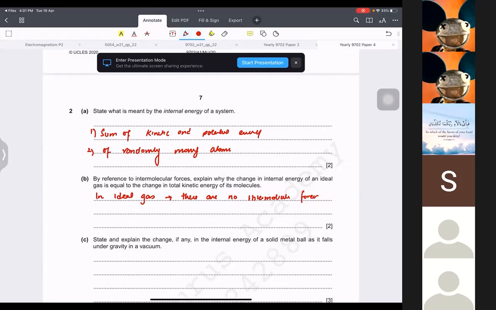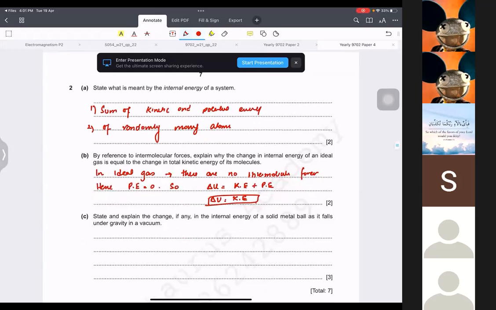How many marks is this? 2. Okay. Hence, potential energy equals to 0. So, internal energy, which is equal to kinetic plus potential, will be equal to only kinetic. That's what you got, right? But in words. All right.